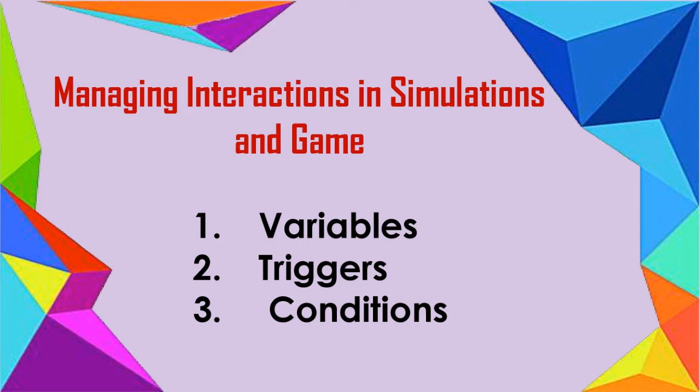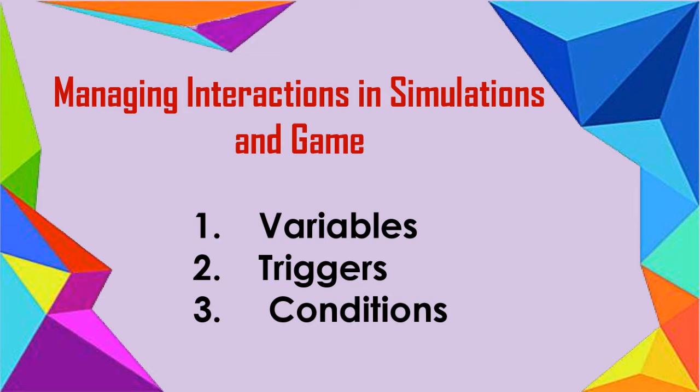Simulations and games require you to manage interactions that students have with the program, such as when you have to pass information from one screen to another based on how students respond to a question. So with this, there are three common ways of managing interactions in simulations and games. First is variables.